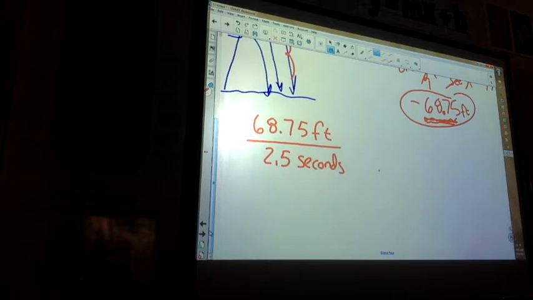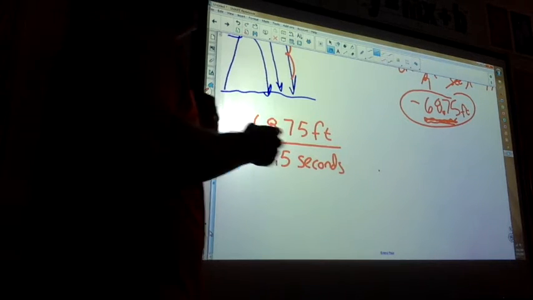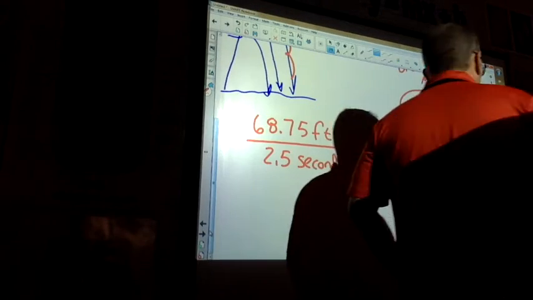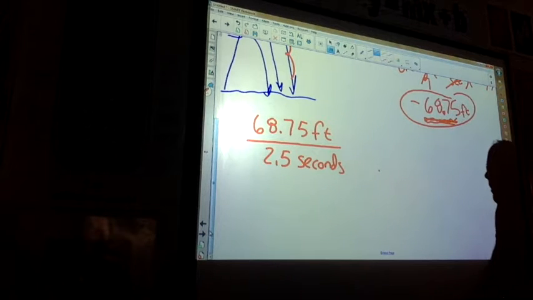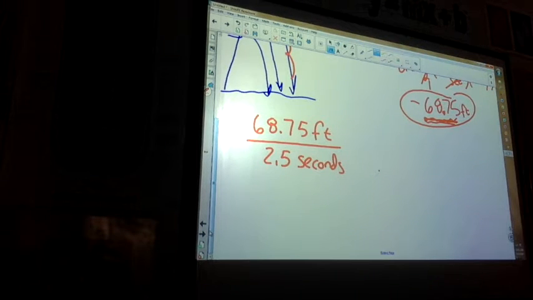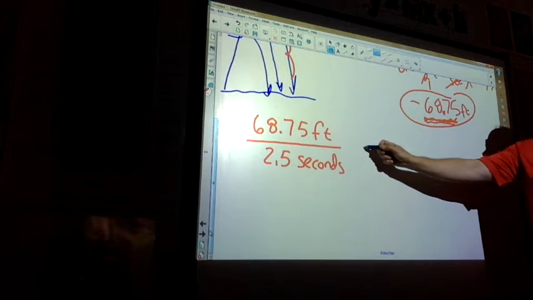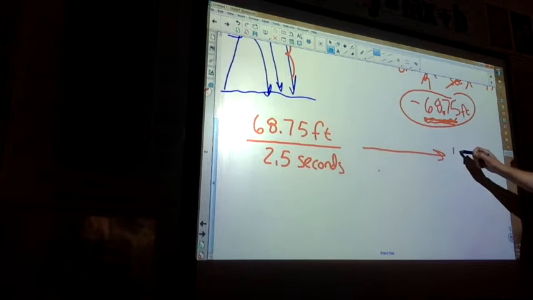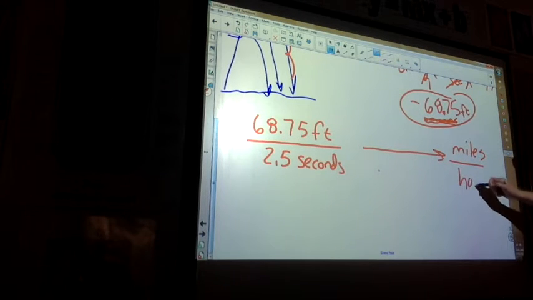So let's convert this to miles per hour. Oh gosh. Okay? Now, it's not a hard thing to do, and if you need a calculator, it would really be helpful if you had a calculator to help me on this because I can't do this all. Okay? There's calculators in the cabinet. I'll wait if you want to get one, and I will talk you through how to get this. We are going to figure out how many miles per hour we were traveling, and this is called dimensional analysis. Should we try doing this on our own?